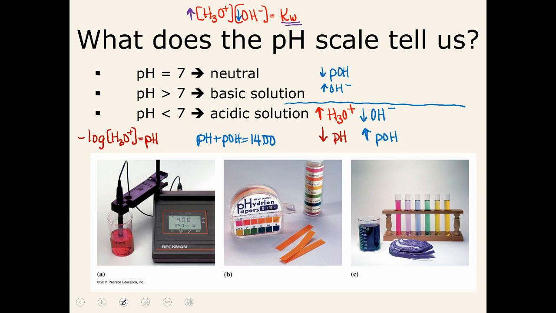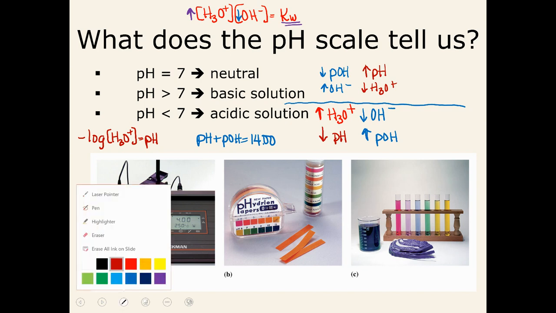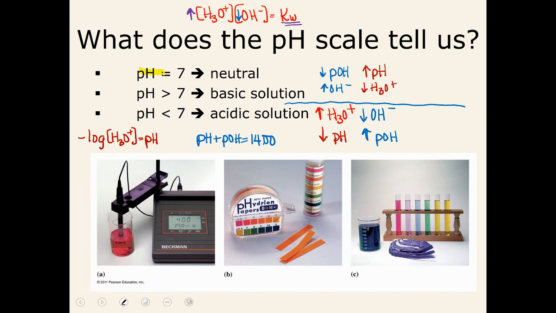Increase in hydroxide decreases H3O+, and that increases the pH. So our starting point was pH 7, that was neutral. Basic solutions increase the pH from that, so those are greater than 7. And acidic solutions decrease the pH from 7.